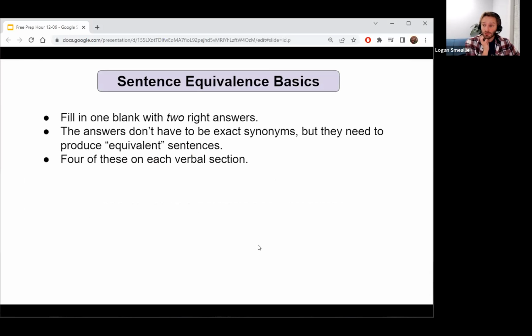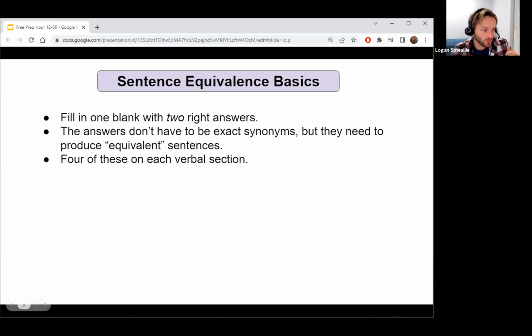If you haven't done much GRE studying before or specifically seen sentence equivalence, here's what these questions are like. There are two right answers for the same blank. The two answers don't have to be exact synonyms, but they need to make sentences that are about the same. That's why they call it sentence equivalence. So usually they'll be close to being synonyms, even if they're not exactly synonyms. And you see 4 of these in every verbal section.